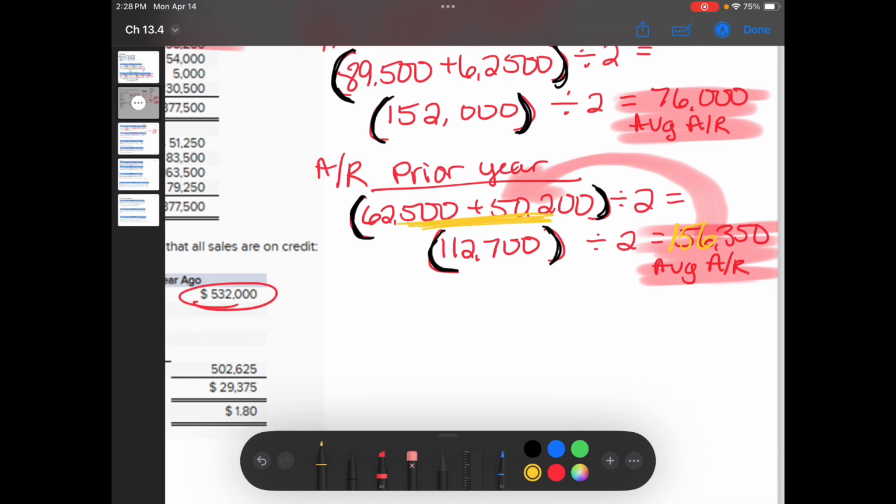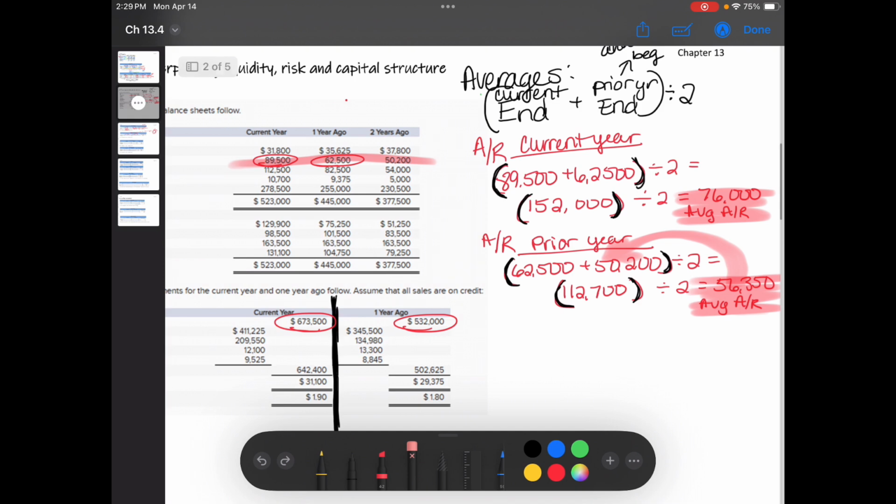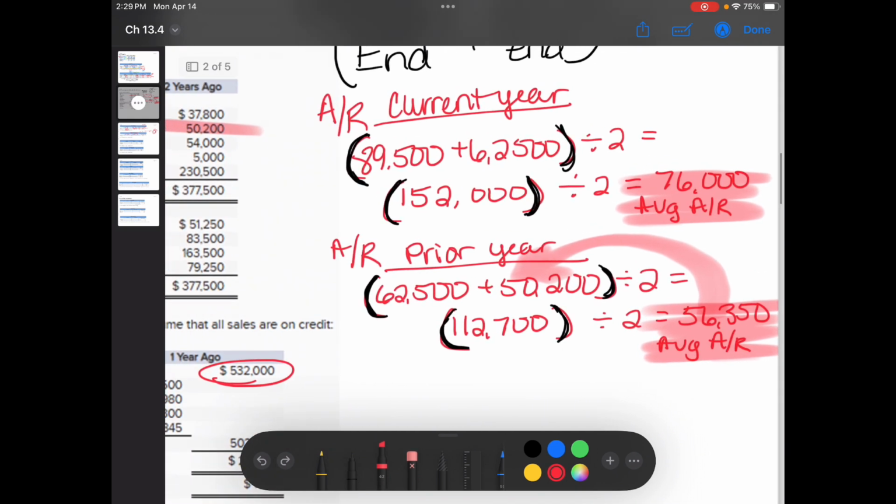The two numbers are 50,000 and 62,000. So my answer needs to be between those numbers. And if it's not, then I did the math wrong. I just probably typed something in my calculator wrong. So it's really important just to stop yourself real quick when you get these averages. Make sure the number that you got, like we got up here in this one, $76,000, is something between those two numbers that you added up. Yeah, it falls between 89,000 and 62,000. So that feels pretty good.